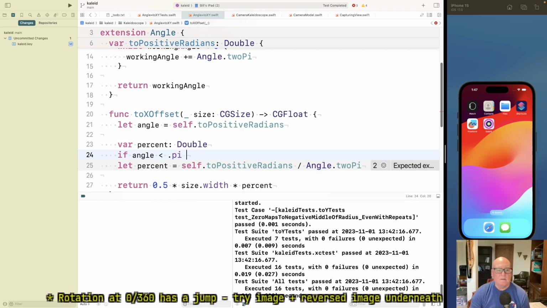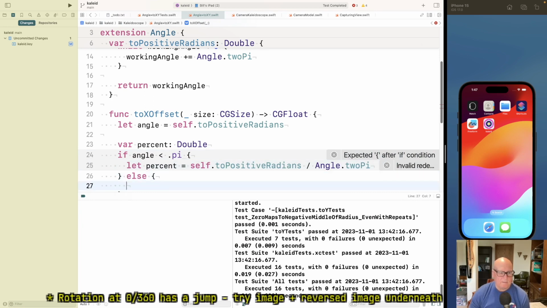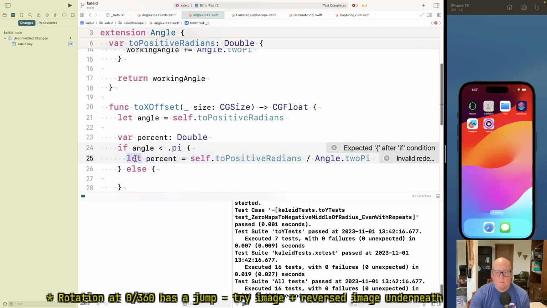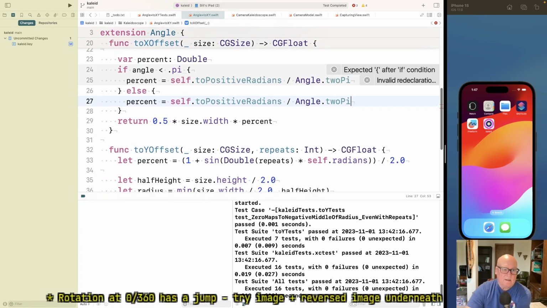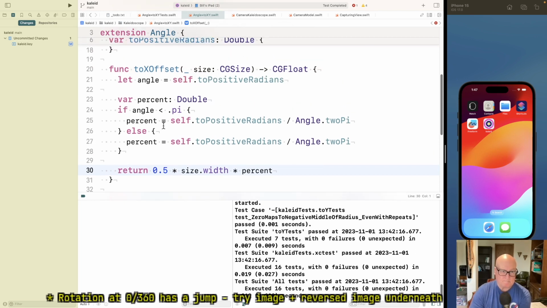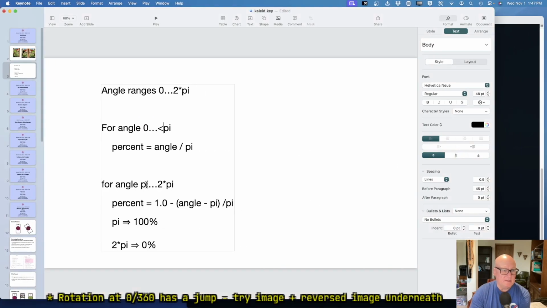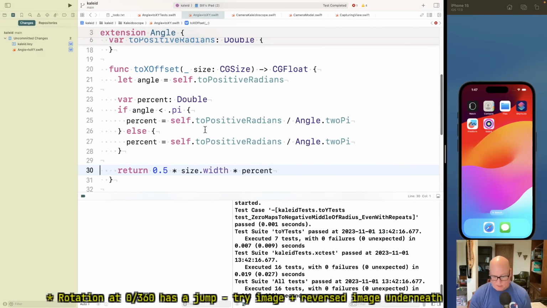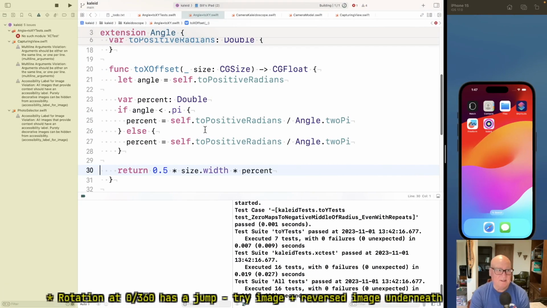All right. If it's less than pi, do this, else do that. All right, I'll start off with them the same. So we're going to bend the shape of this method a little bit as we go here. Okay, so I'm putting in the if test for these two cases, but I'm doing the same thing regardless. That should not affect our test results. Okay.